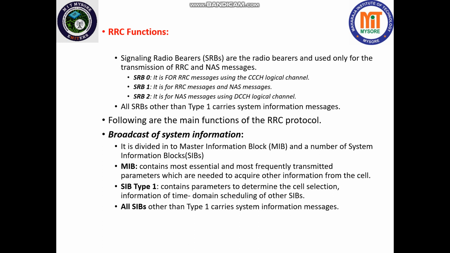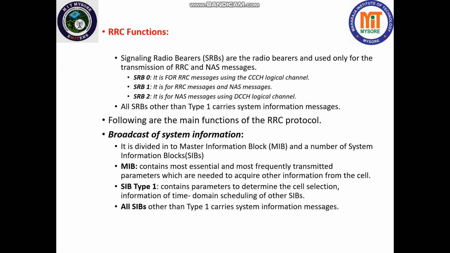Next is SIB type 1. SIB type 1 contains parameters to determine the cell selection, and information on time domain scheduling of the other SIBs, or system information blocks. All other SIBs other than type 1 carry system information messages.